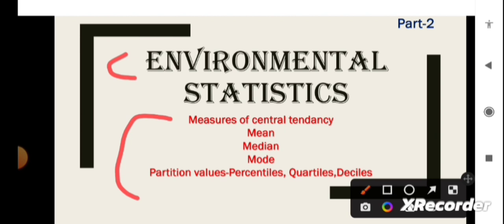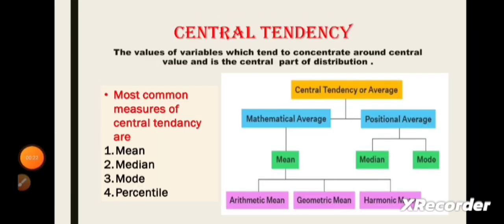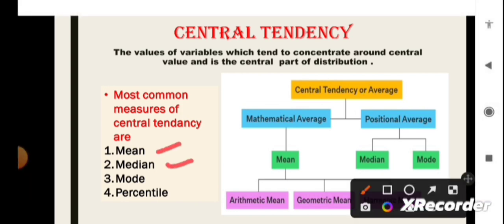Now, we will discuss what the measures of central tendency are. The most common measures of central tendency are mean, median, mode and percentile. So why are these called the measures of central tendency?